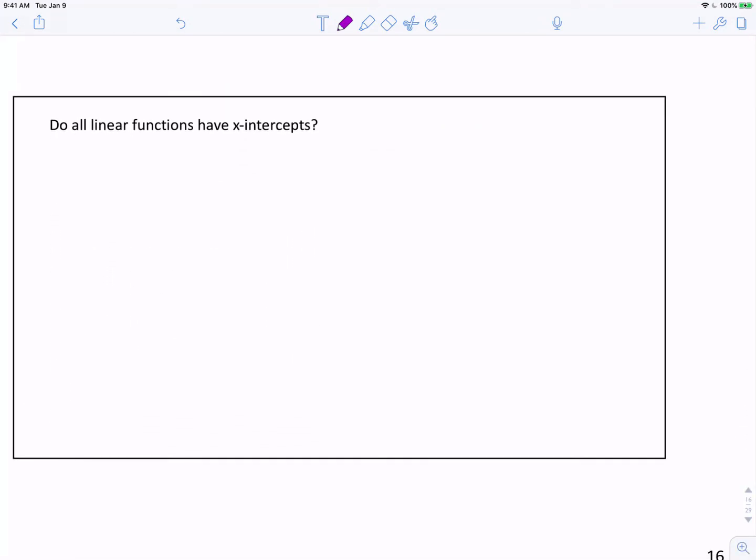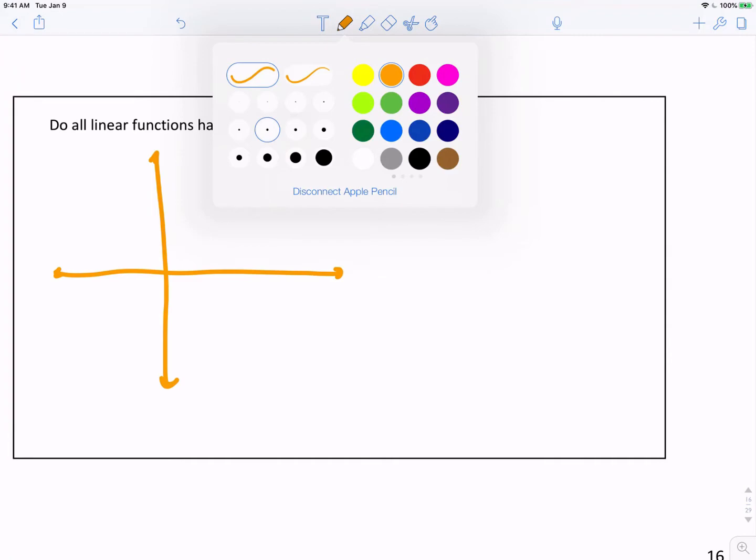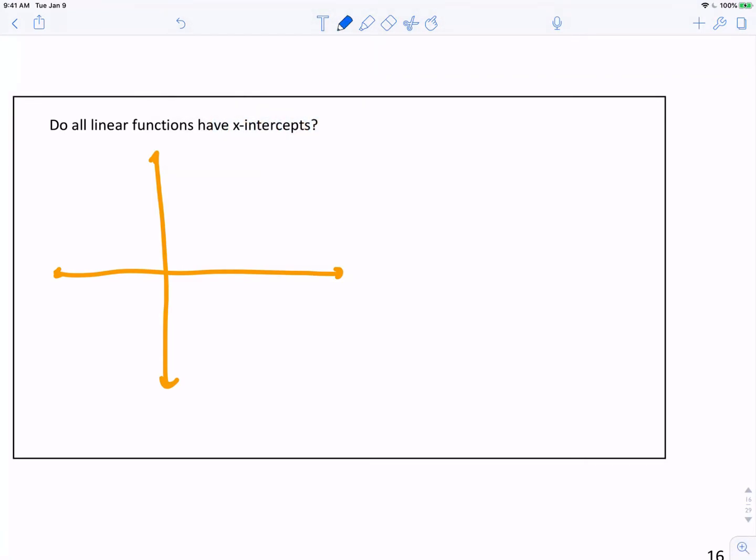We already talked about whether all linear functions have y-intercepts, but do all linear functions have x-intercepts? Okay, well, let's think about that. Another way of asking that question is, do all lines cross the x-axis? And if you think about that for a minute, here's the x-axis. Can you imagine drawing a line that doesn't cross the x-axis? Well, sure. Any horizontal line will not cross the x-axis.